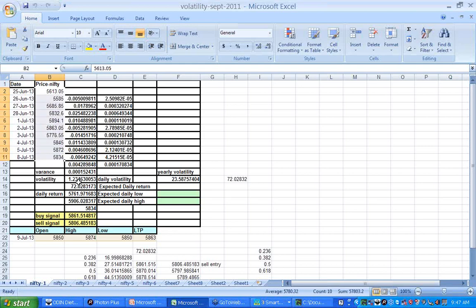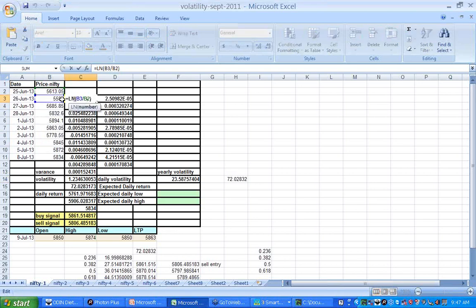I have calculated their volatility based on the logarithmic process. What is a logarithmic process? I will be using an ln parameter, current price divided by previous price. By this process I have calculated ln square. At the end I have calculated their averages. Then I will be calculating the variance and the volatility, which is the square root of the variance.